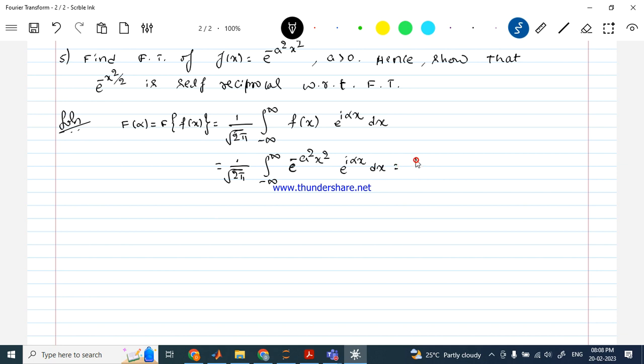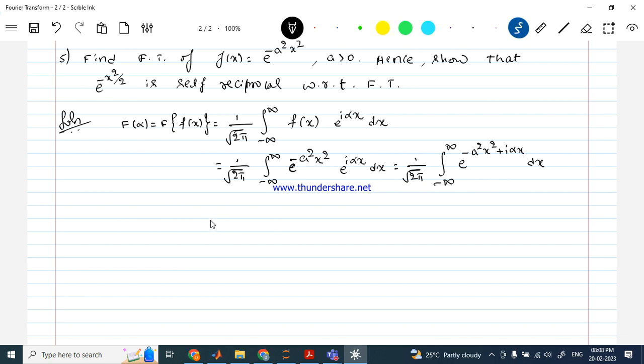Let me write it here itself: 1 by square root 2 pi, integration from minus infinity to plus infinity, e power minus a square x square plus i alpha x dx. I don't take anything common, I just add the powers. I hope it is clear. The bases are same, so we just added the powers.